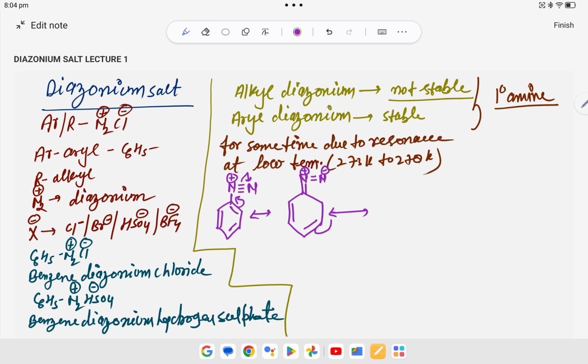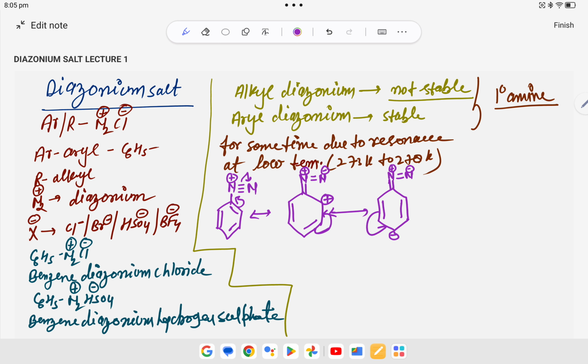Next step, these electrons shifted here and here positive charge generated. Because of that positive charge, electrons shifted. So what happened next? These electrons shifted here, then this bond position as it is, here negative charge, here double bond, nitrogen, positive charge, double bond, nitrogen, negative charge.